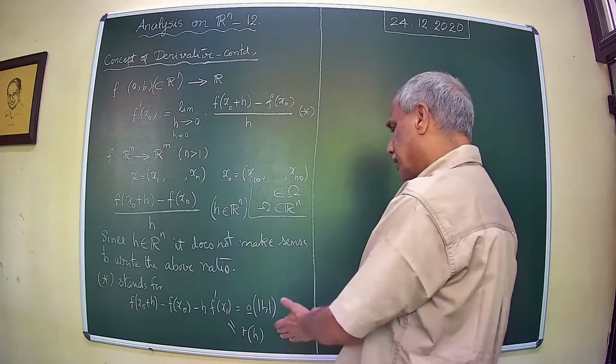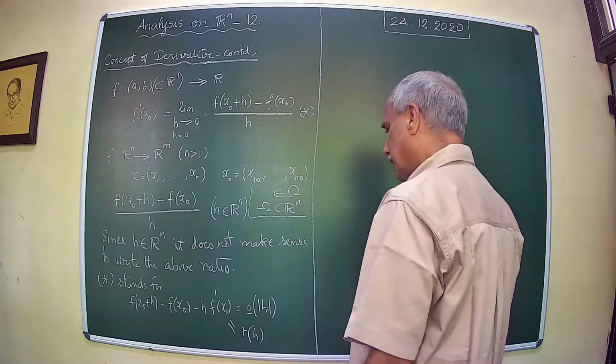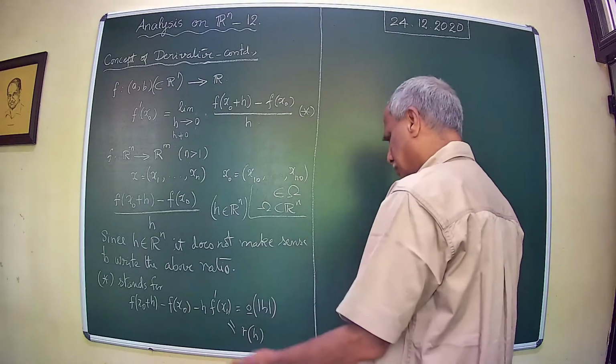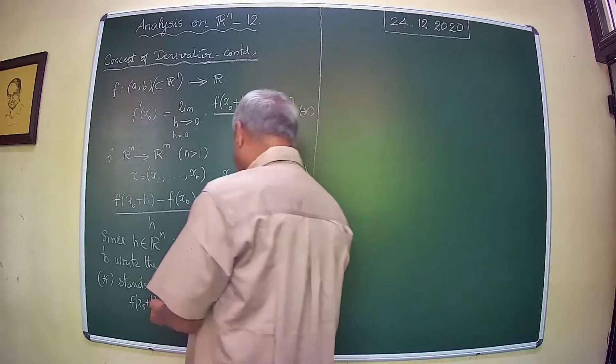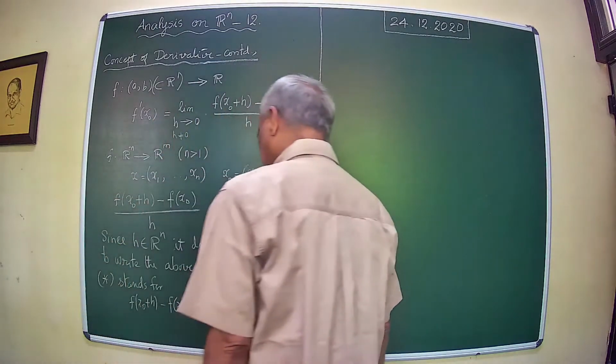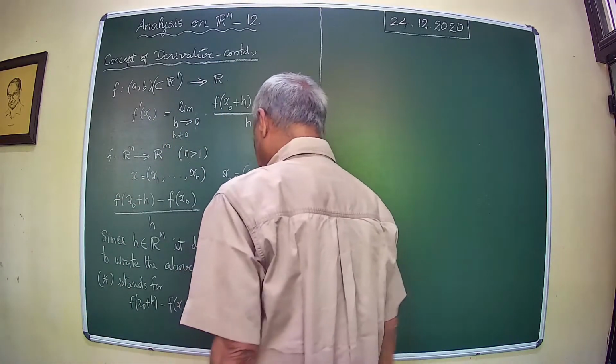Now there is an error term. The error term depends on h and also on x naught, but we are keeping x naught fixed, so I am not making special mention of it.